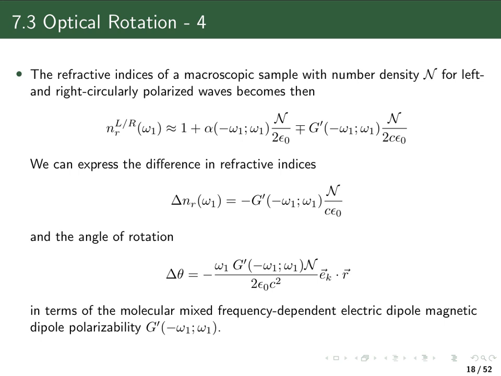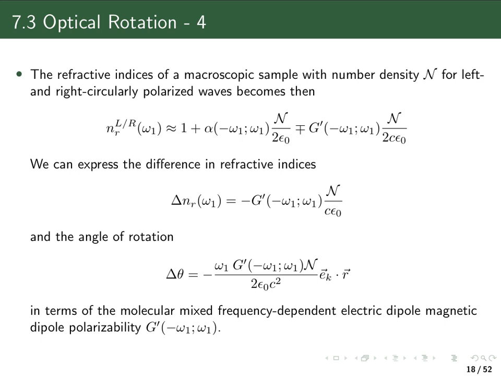If we take the difference between the refractive index for left, which is with the minus sign, and the one for right, which is with the plus sign, then the difference between the two is actually just this mixed electric magnetic polarizability times the number density divided by the speed of light and the vacuum dielectric constant.